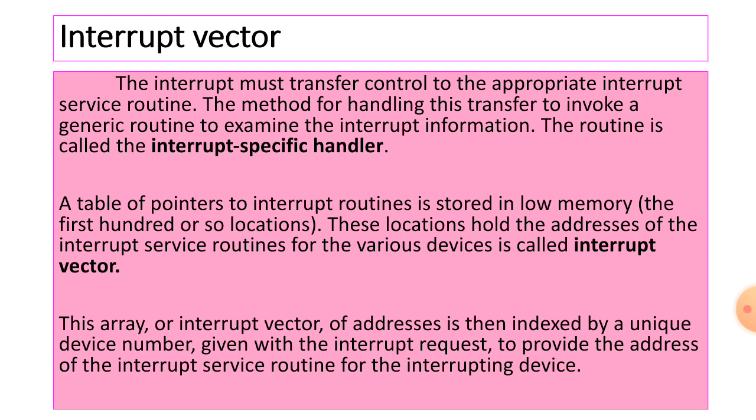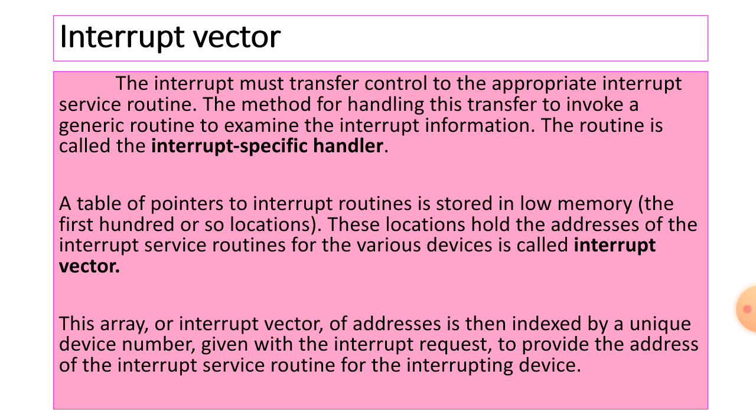Interrupt vector. The interrupt must transfer control to the appropriate interrupt service routine. The method for handling this transfer is to invoke a generic routine to examine the interrupt information. The routine is called the interrupt specific handler. A table of pointers to interrupt routines is stored in low memory, that is the first 100 locations.